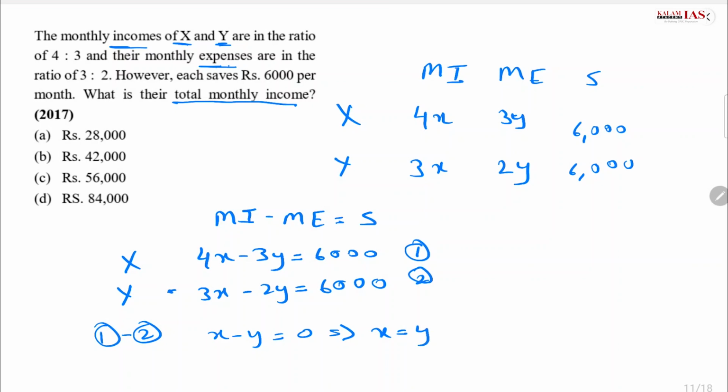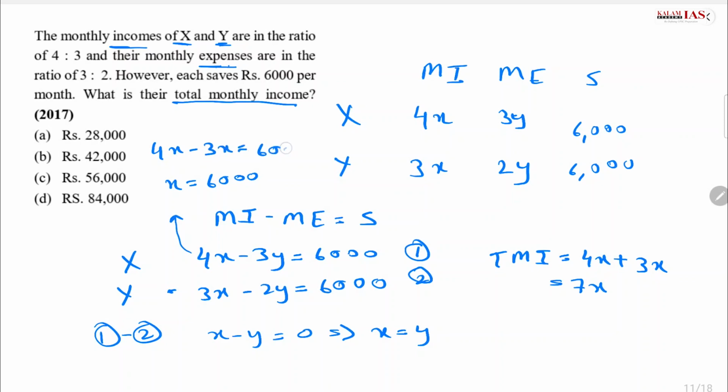Now we have to find the total monthly income. Total monthly income equals 4x plus 3x, which equals 7x, and x equals y. Substituting x equal to y in this relation, we get 4x minus 3x, which is equal to x, which equals 6,000.